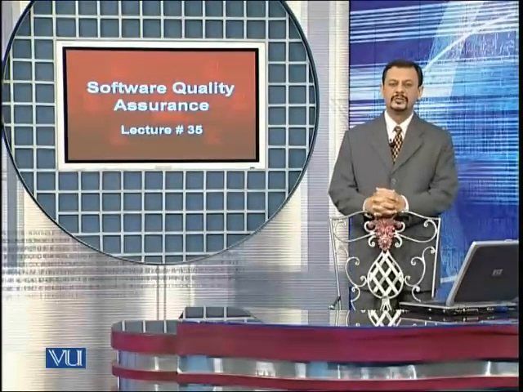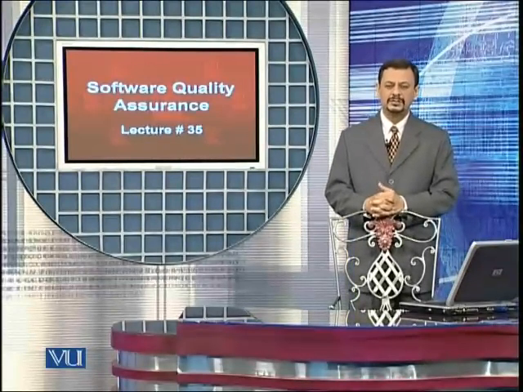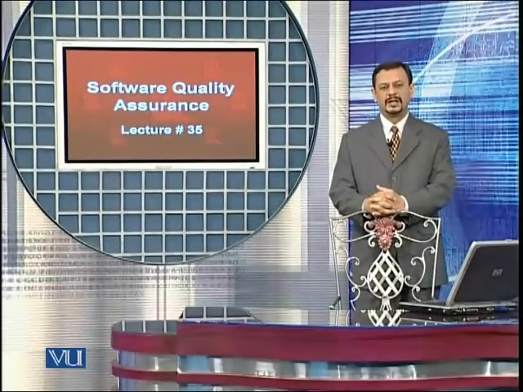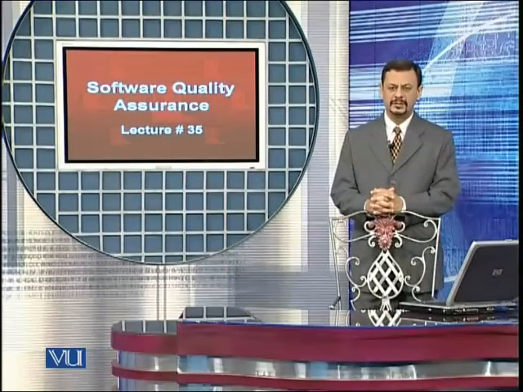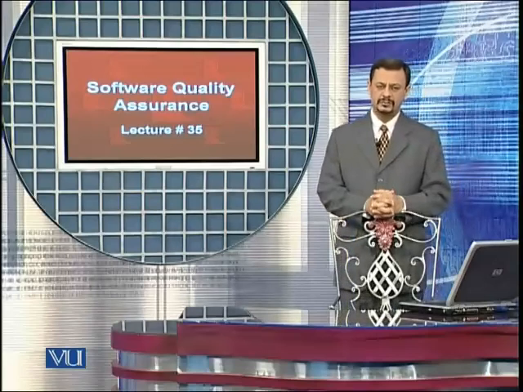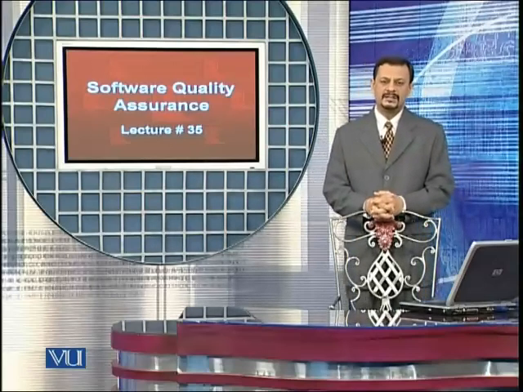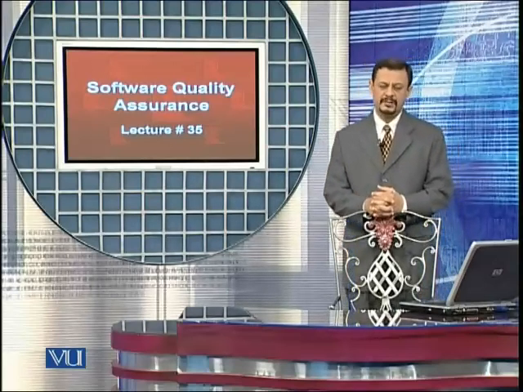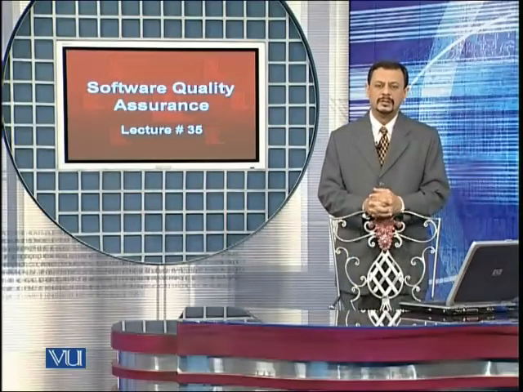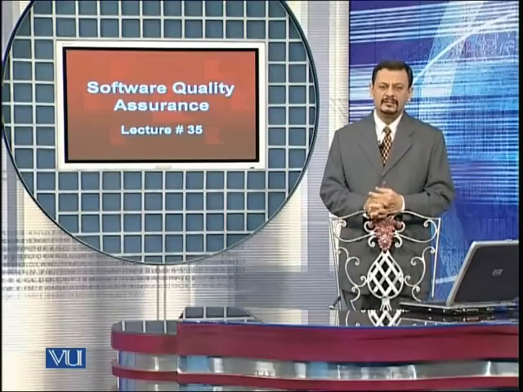For the last couple of lectures, we have been talking about software configuration management. In the first lecture, we talked about the introduction, the basic terms, and the foundation of what software configuration management is all about. And in the previous lecture, we talked about detailed aspects of SCM functions.